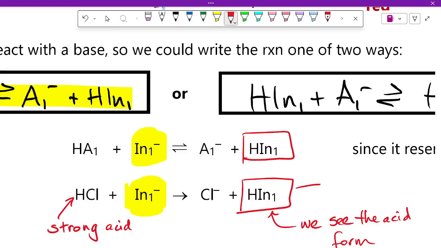And this is our weaker acid. So even when this acid is not a strong acid, if it is the stronger acid, we will see the acid form of the indicator.